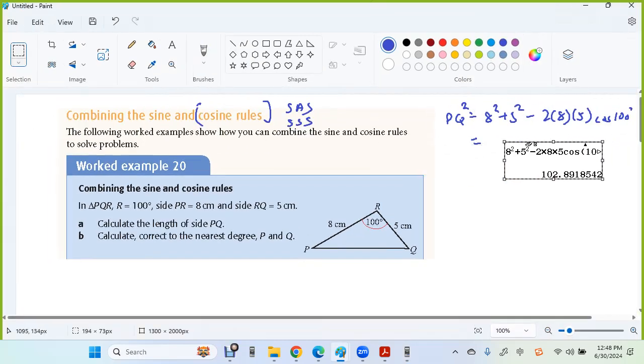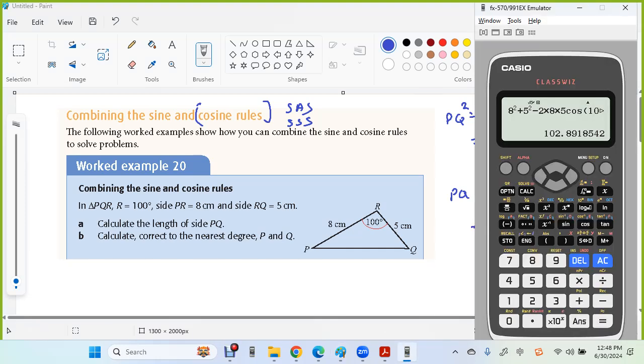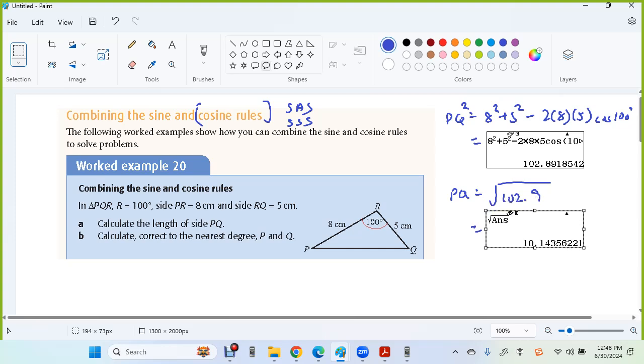Then PQ will be the square root of 102.9, which is 10.1.